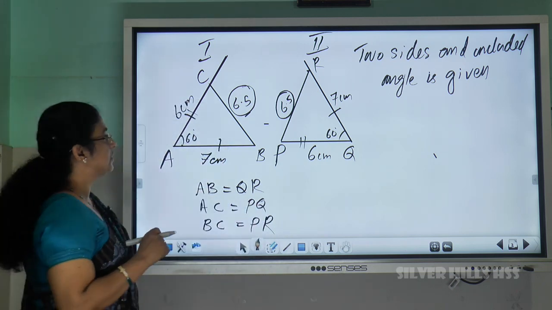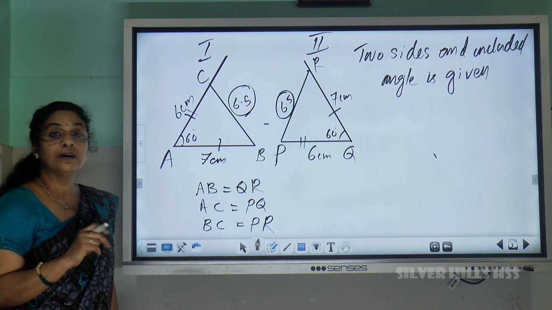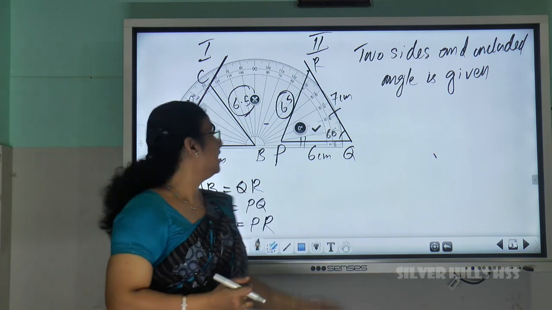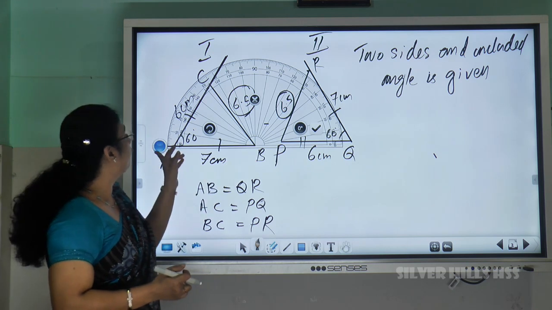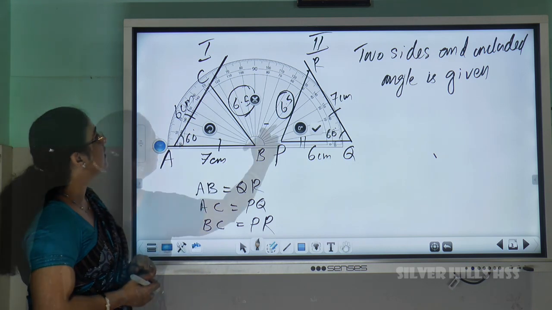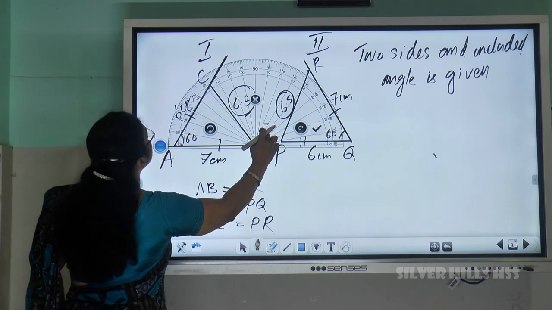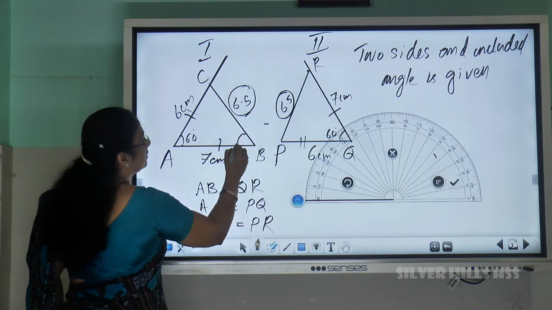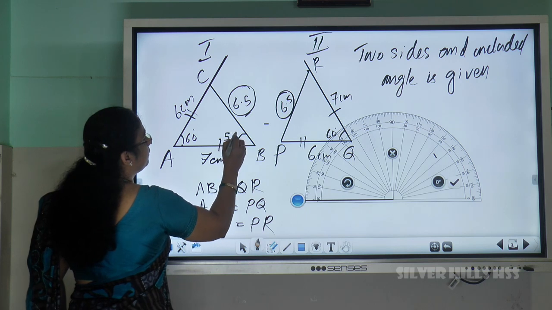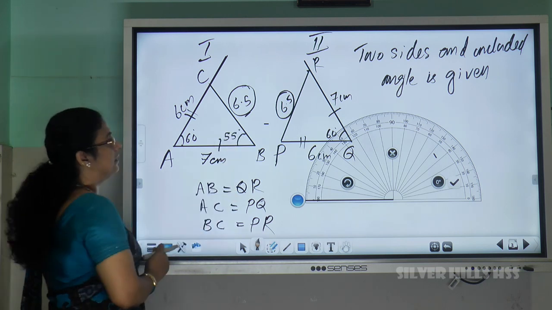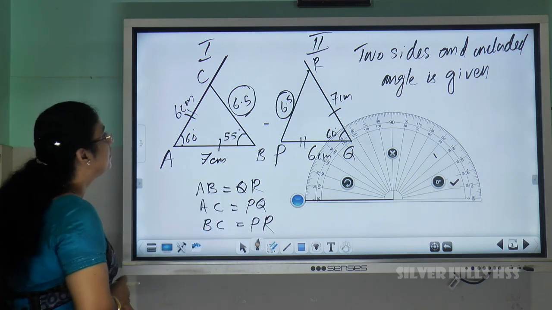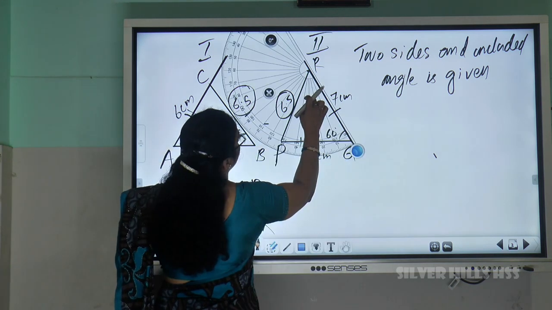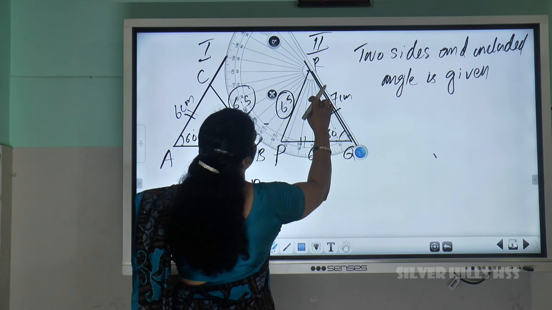Next, two more angles are there. Next we can measure the other two angles. First we measure angle B of triangle ABC. Angle B is 55 degree. And next we measure angle R of PQR.